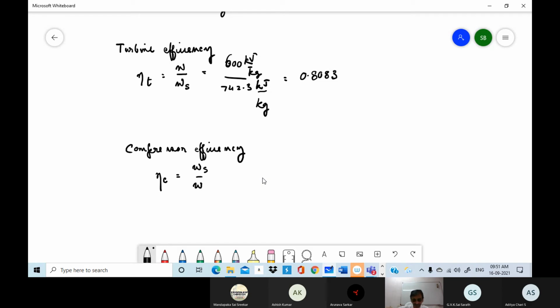So now we are in a better position to predict the performance of devices. Once we have seen component wise, the next step would be to actually consider an entire system which either generates power or provides refrigeration.